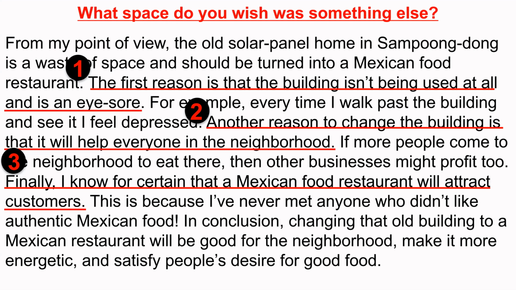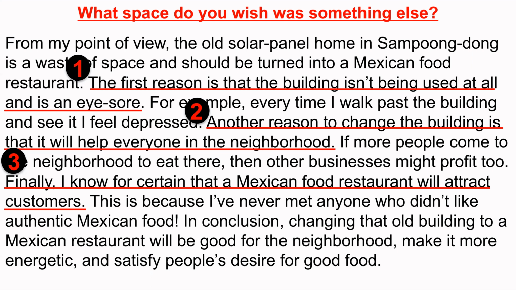Well, he starts immediately with why it's a waste of space. And then he talks about the reason why he feels it will help everyone in the neighborhood, and then finally, as to why it should be turned into a Mexican food restaurant.